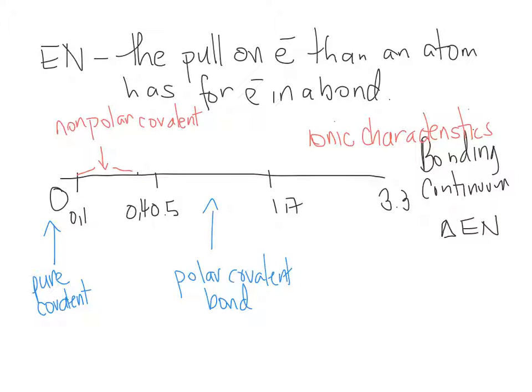So your bond is covalent, it's non-polar, but it's not pure. It just means you're not a little bit polar. You're not polar at all. If you're 1.7, you'd have ionic characteristics.